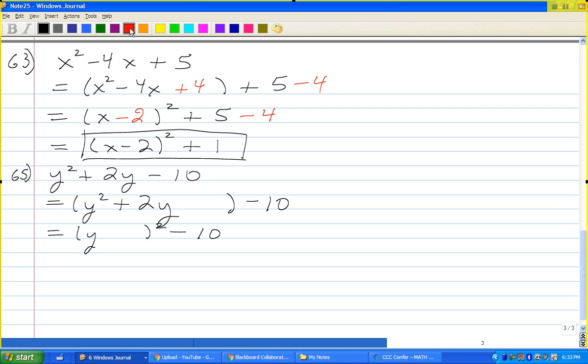Since there's a 1 in front of the y squared, I'll just take 2 divided by 2, which is 1. 1 squared is 1. Let's add and subtract 1. And so I get that this is equal to y plus 1 quantity squared minus 11. And I have completed the square.